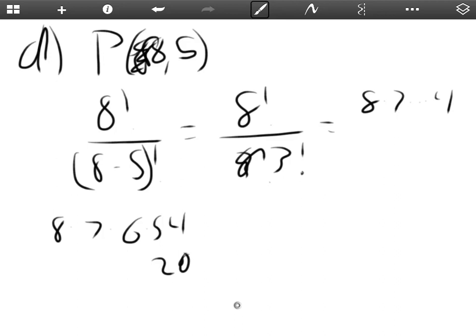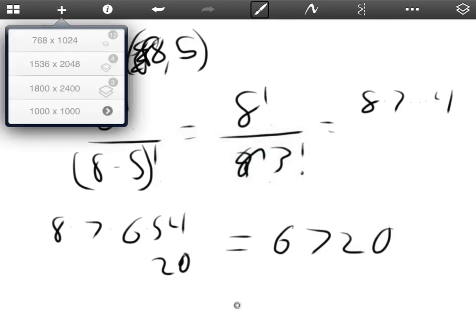Yeah, let's just do this on a calculator. 8 times 7, 6 times 5 times 4, 6,720 is your answer.